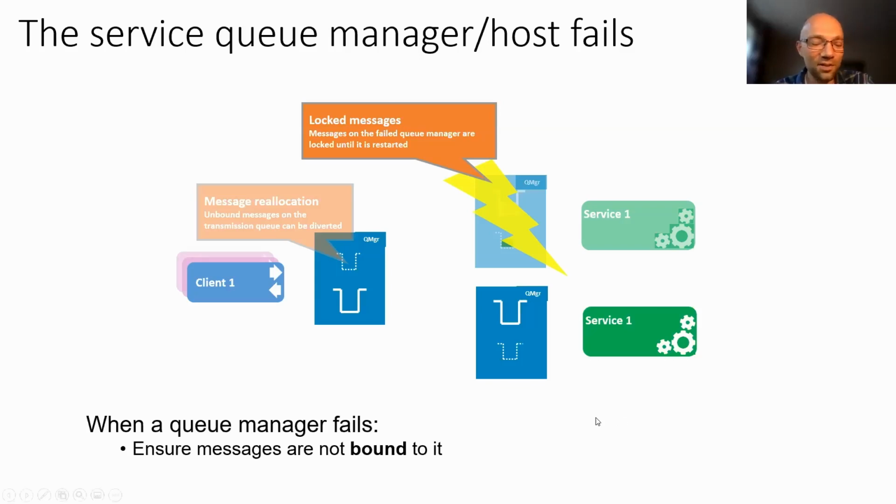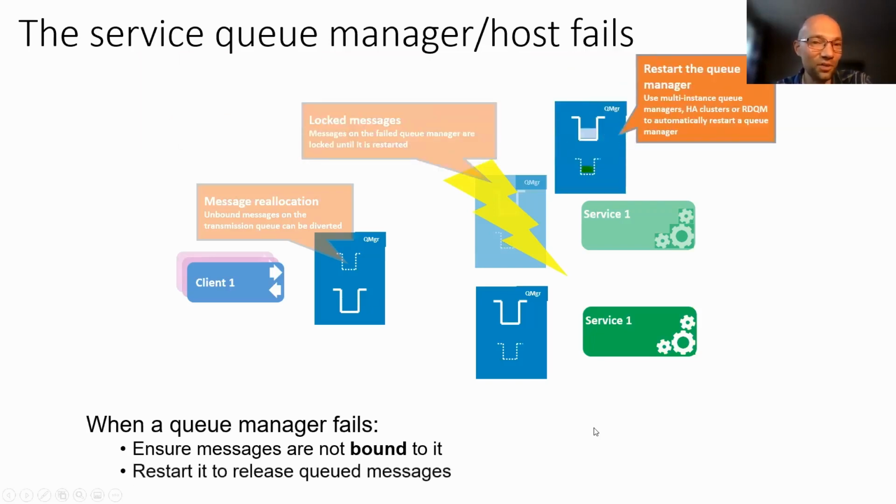Unless you're using z/OS and queue sharing groups, where we can have shared queues which are usable by more than one queue manager at the same time, so that messages could be visible by another queue manager, the only way for you to get access to those messages is to restart that queue manager.